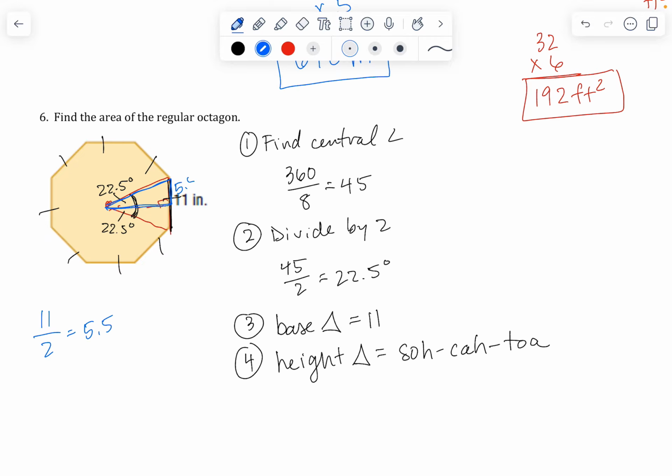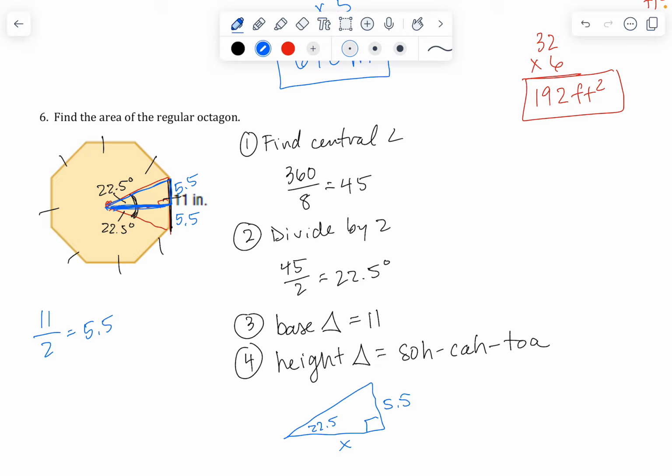This half is going to be 5.5. This half is going to be 5.5 on the base there. I'm going to show you that blue triangle. So I'm going to redraw it. Here's a right angle. This is 5.5, and this is 22.5, and we want to find this side right here, which will be the height of our triangle on the octagon.